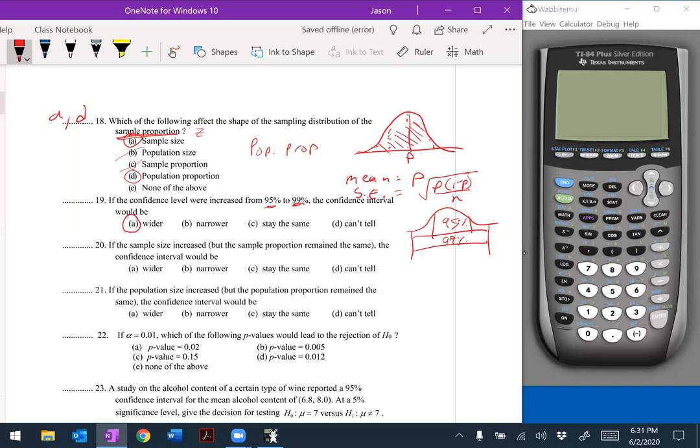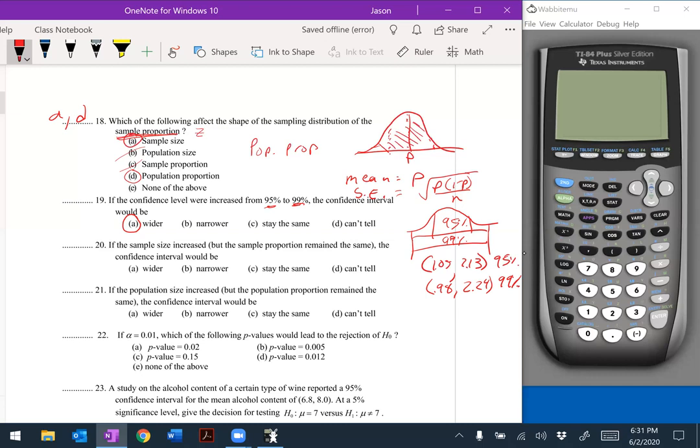The higher the confidence level, the more values you're going to capture in your interval. Say at 95% you get 1.05 to 2.13, and at 99% maybe 0.98 to 2.24. It would go wider.